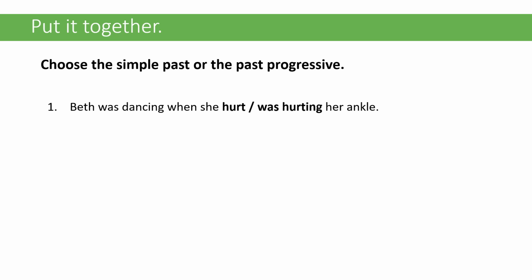We can also remember that we have some clues: after when, we normally use the simple past. After while, we normally use the past progressive. So in this one, we have the word when. So Beth was dancing when? It's going to be she hurt her ankle.